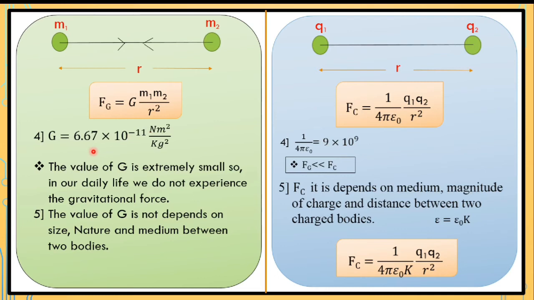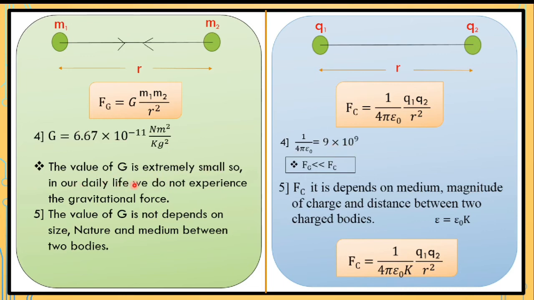Compared to this value, the proportionality constant in gravitational force, G, is extremely small as compared to the 1 upon 4 pi epsilon 0 value, that is 9 into 10 to the power 9.